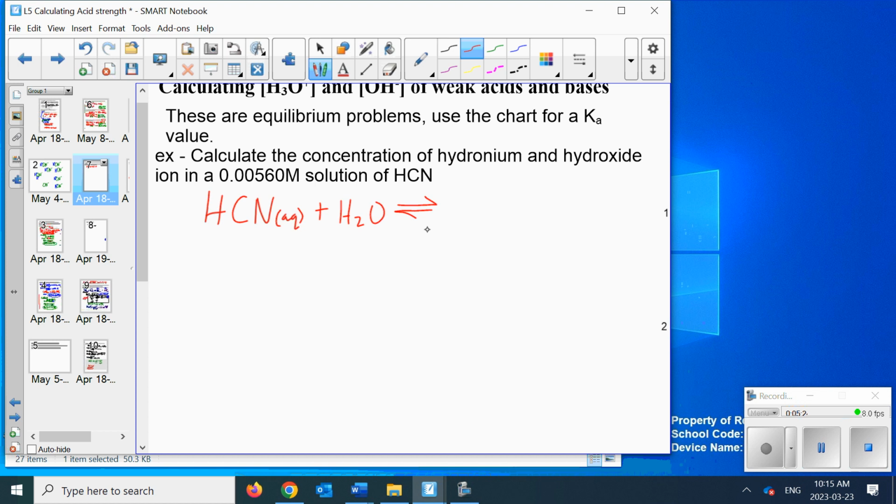When it breaks up, its job is to give away the H from the front of the HCN. So it becomes CN-, and you can look it up, it's negative, but you probably don't need it. And we've got our H3O+, the hydronium ion concentration. So there we are. That's the first thing you do, even when we learn the shortcut. You've got to do this.